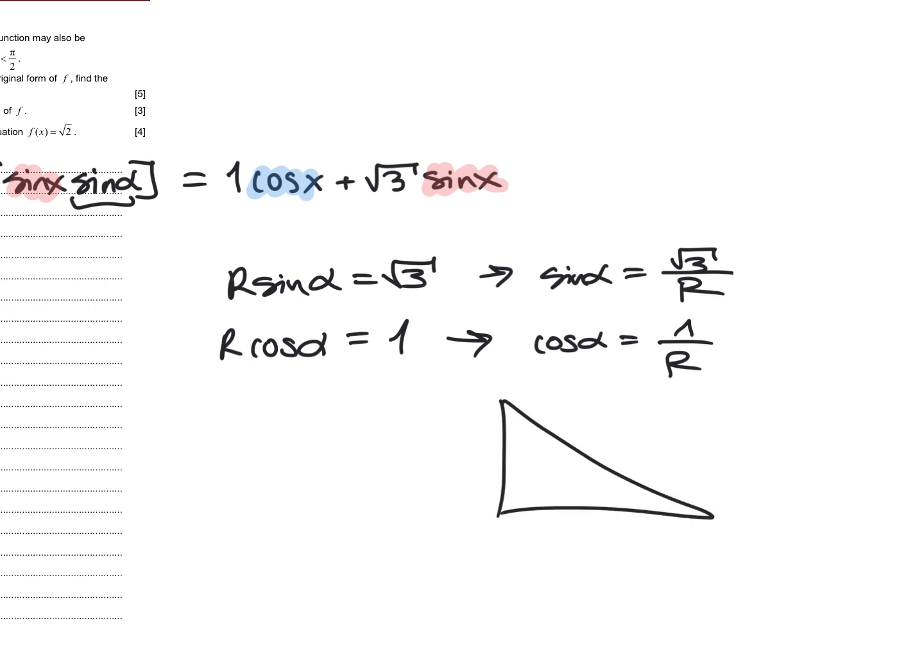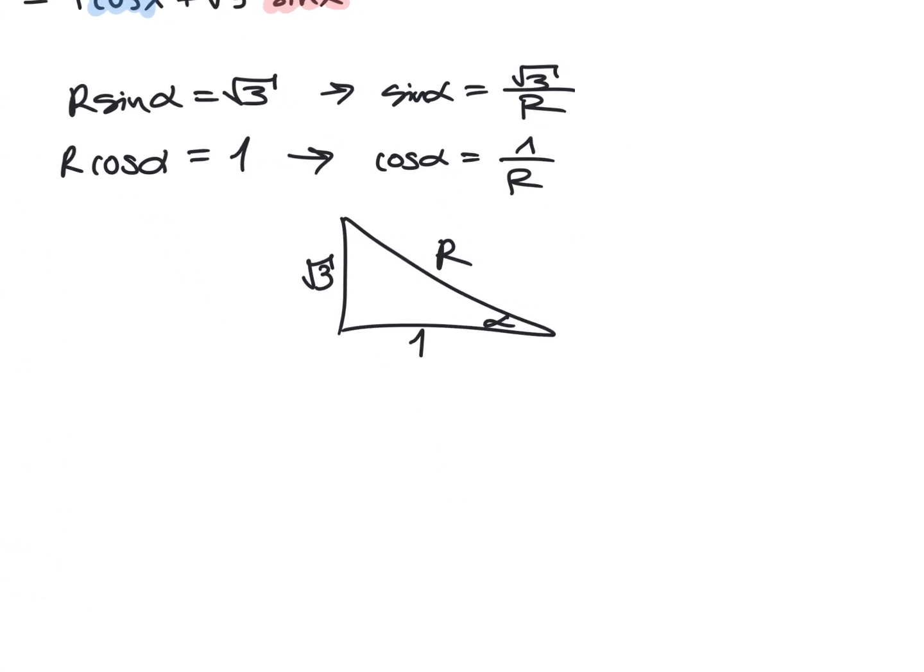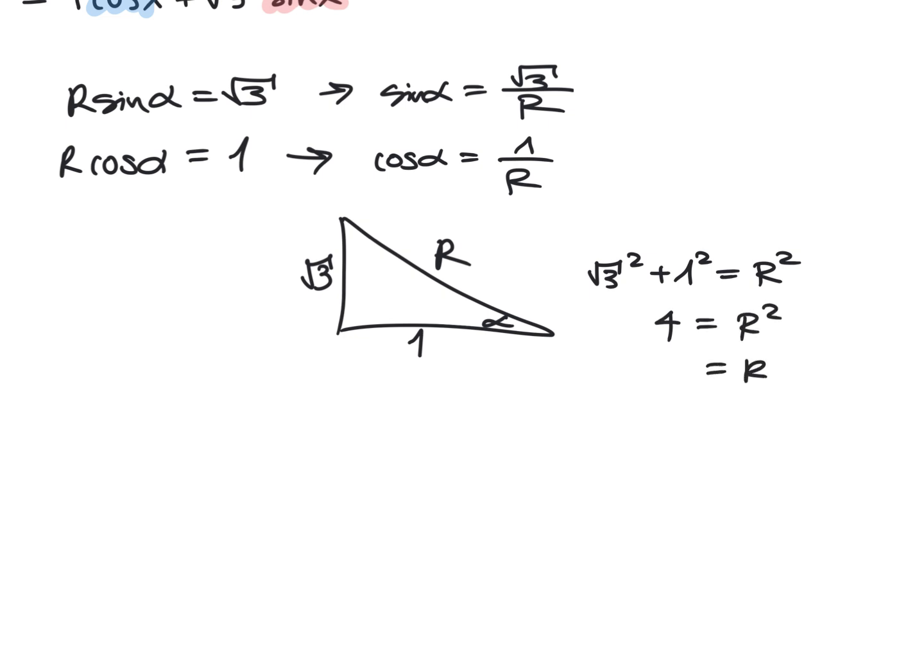So if this is alpha, sine is opposite over hypotenuse and cosine is adjacent over hypotenuse. So we've got root 3 squared plus 1 squared equals r squared. So that's 3 and 1, 4. So r is 2.